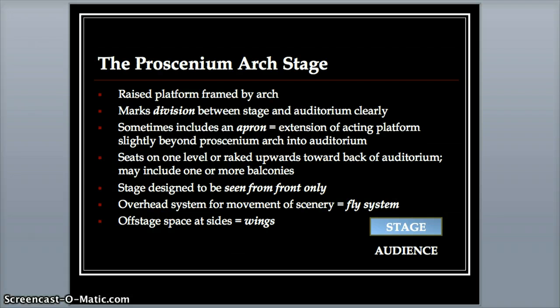These areas are called the wings, and in an ideal world, the depth of the wings are at least half the width of the stage, so that if you have large wagoned scenic elements, they can be rolled completely off stage and clear, so the audience does not see them when they aren't intended to be seen.